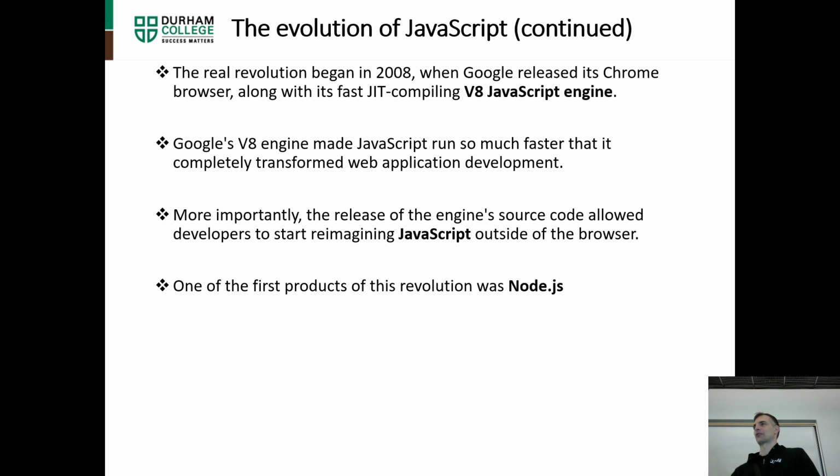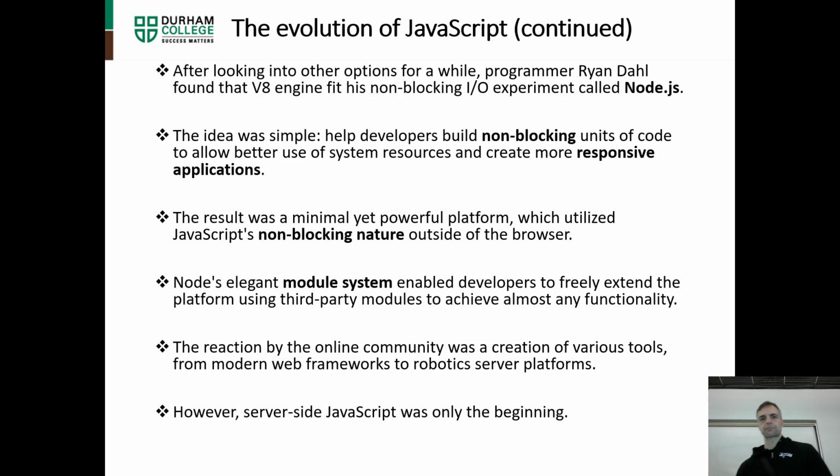Sorry, I'm aging myself a little bit. It wasn't very good. And then once this new V8 engine came out with Chrome, it enabled more technology to come into play. One offshoot from the V8 engine was NodeJS. That's where it came from.